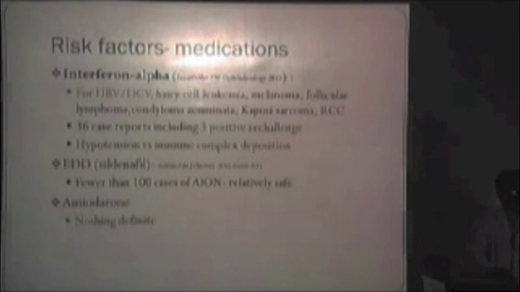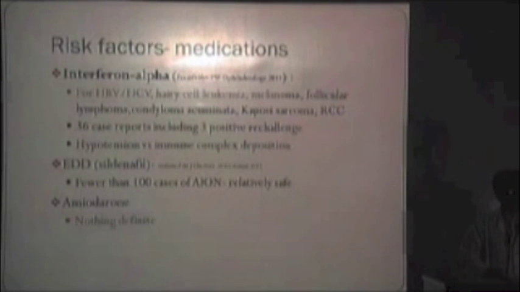Medications. The most talked about medication recently is interferon alpha, which is used in different kinds of malignancies, especially hairy cell leukemias, melanomas, and renal cell carcinomas. They have found an increased risk of ischemic optic neuropathy with this medication. There are about 36 case reports, including positive rechallenges.